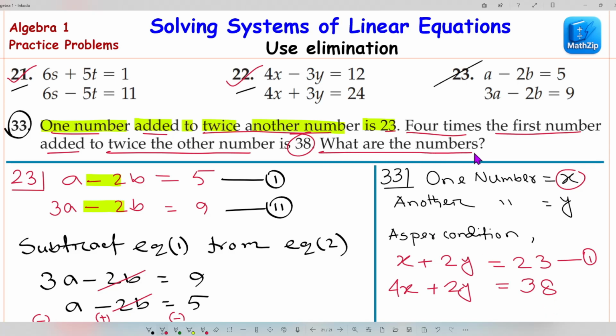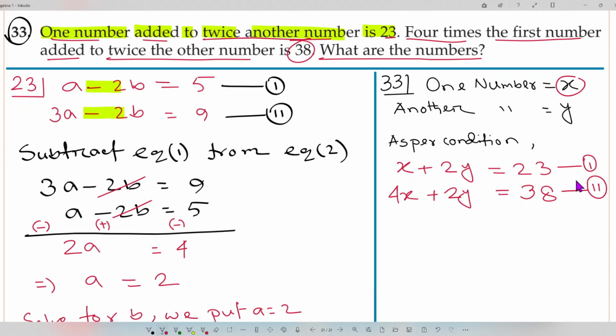What are the numbers? So we can consider this one as equation 2. So now we will find out the numbers. We already have 2 equations, so easily by elimination method we can solve this problem. Look, y coefficient is plus 2 and in the second equation y coefficient is plus 2.